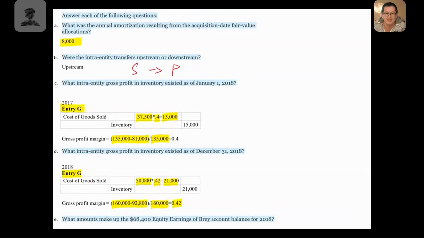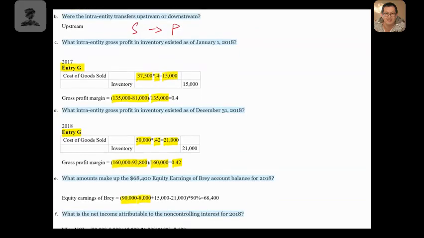And second, we plus 15,000. This 15,000 is the recognition of the deferred gross profit in the inventory as of the end of last year, and then minus this year's deferred gross profit in the inventory, and then finally times 90% because the controlling interest only has 90% of the subsidiary company.